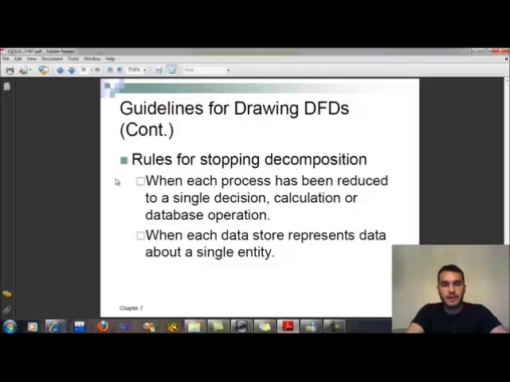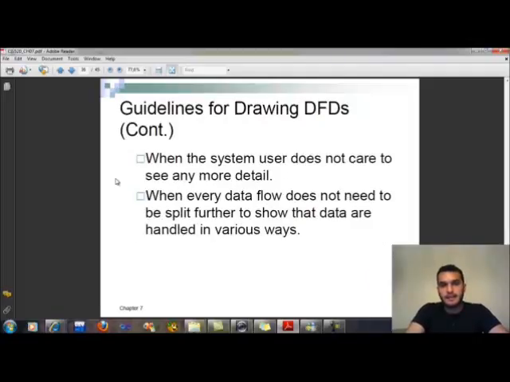and when each data store represents data about a single entity. And when the system user does not care to see any more details, when every data flow does not need to be split further to show that data are handled in various ways.